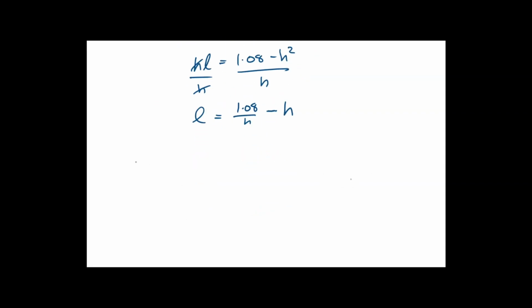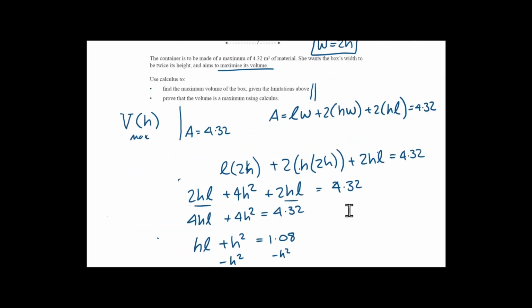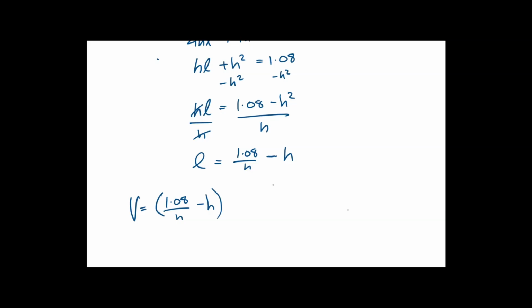So the volume is the length, which is 1.08 over h minus h, times the width, and we see that the width is 2h. Oh, this is beautiful, and h is of course h.